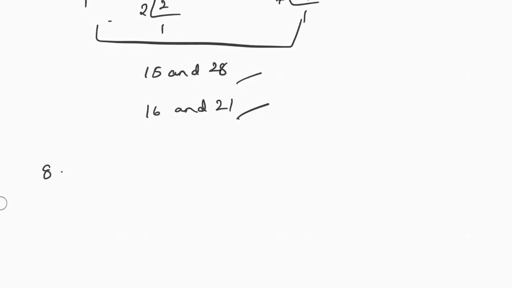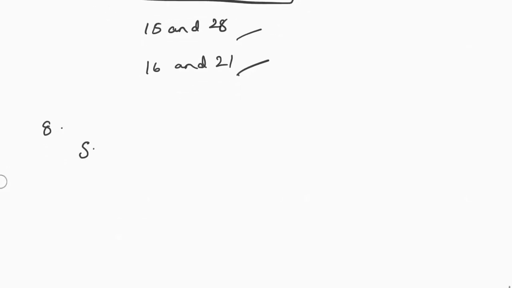Find the greatest number that will divide 93, 111 and 129, leaving 3 as remainder in each case. Since 3 is the remainder, I will subtract 3 from all these 3 numbers. 93 minus 3 I will get 90. 111 minus 3 I will get 108.